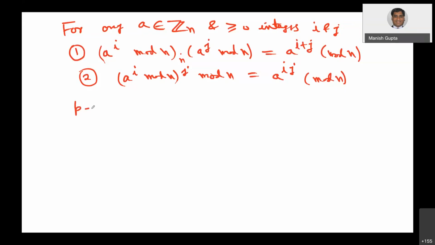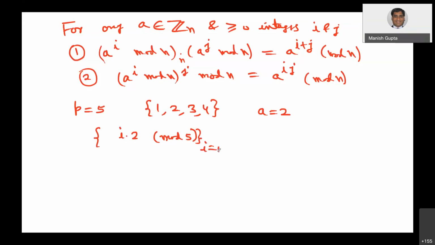Suppose I take p to be a prime number, say 5. So I write down the numbers 1, 2, 3, 4 up to p minus 1. Now I take a number out of these. Suppose a is equal to 2, and then I compute i times 2 mod 5 from i equal to 1 to 4.